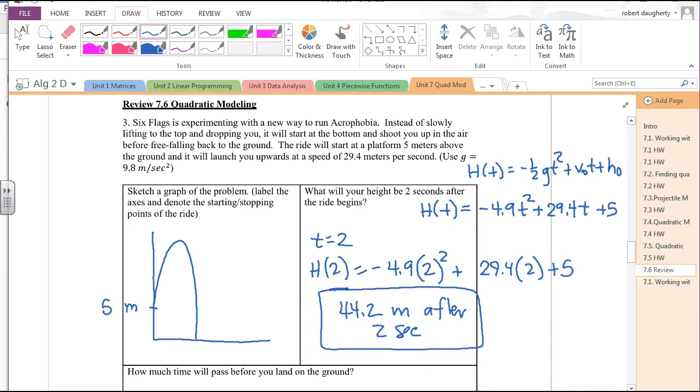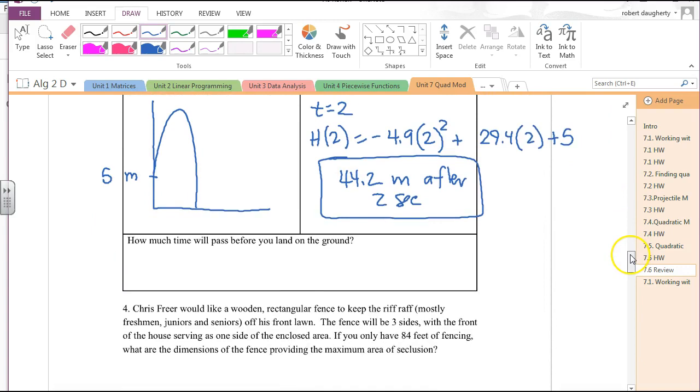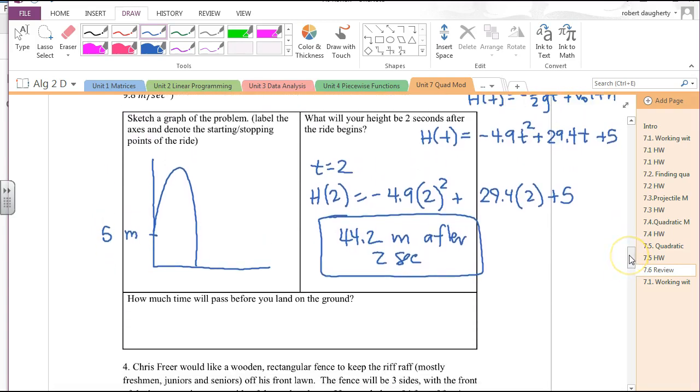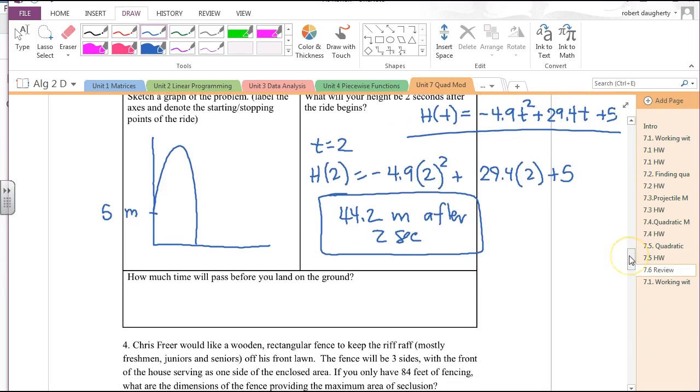Next question, how much time will pass before you hit the ground? You hit the ground when the height is 0. So all I have to do is set that equation equal to 0: negative 4.9 t squared plus 29.4 t plus 5 equals 0.